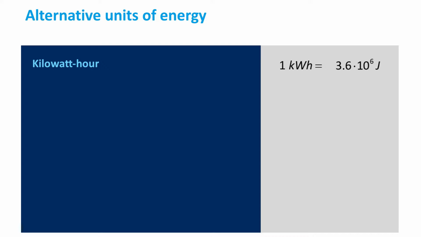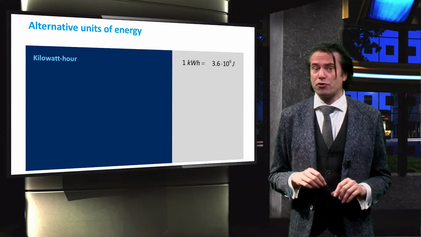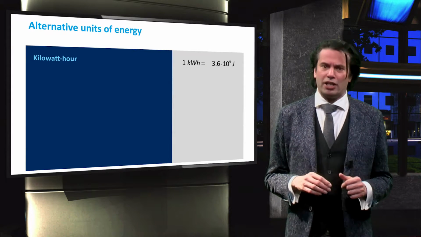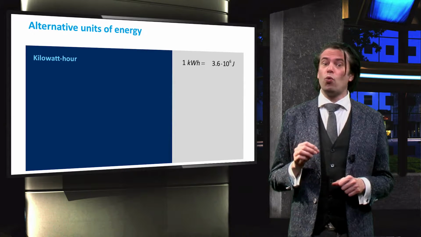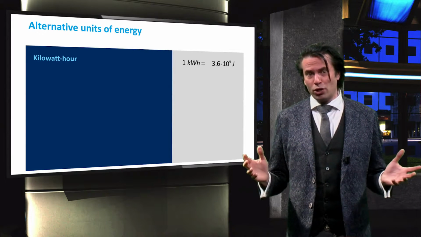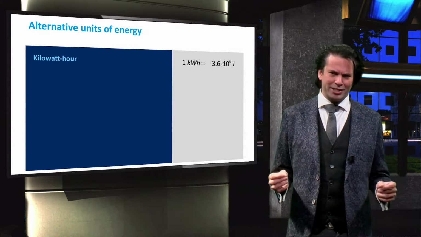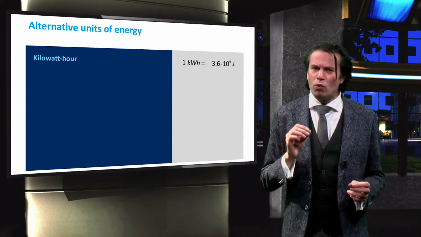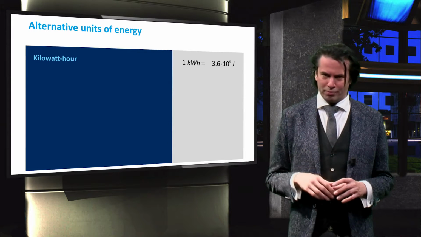Joules are not the only unit used to express a certain amount of energy. 1 joule is a very small amount compared to the human energy consumption. Therefore, a different unit of energy is used for the production and consumption of electrical energy, namely the kilowatt hour. 1 kilowatt hour, as the name implies, is the amount of energy consumed if a power of 1 kilowatt is applied for 1 hour.